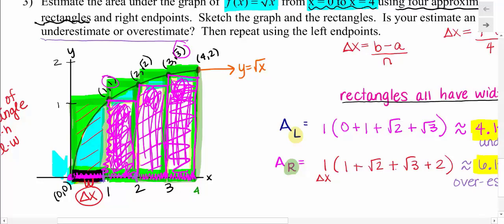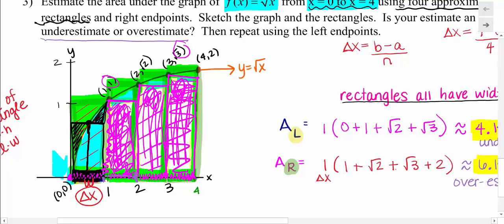What if I kept the width of this rectangle as 1, but what if I used the midpoint between 0 and 1 just to determine the height of that rectangle? So if we use the midpoint to determine the height, again, I'm not changing the width or the delta x at all, what you'll notice is I have a little bit less of extra area, but I also have some not enough or too small of area that I did not calculate and should have.